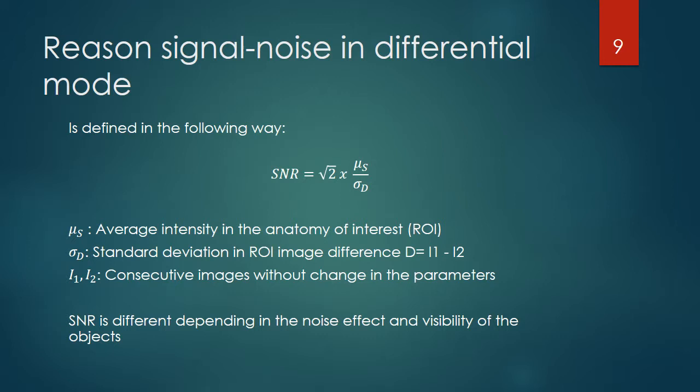I1 and I2 are the consecutive images without change in the parameters. And the SNR is different depending on the noise effect and visibility of the object.